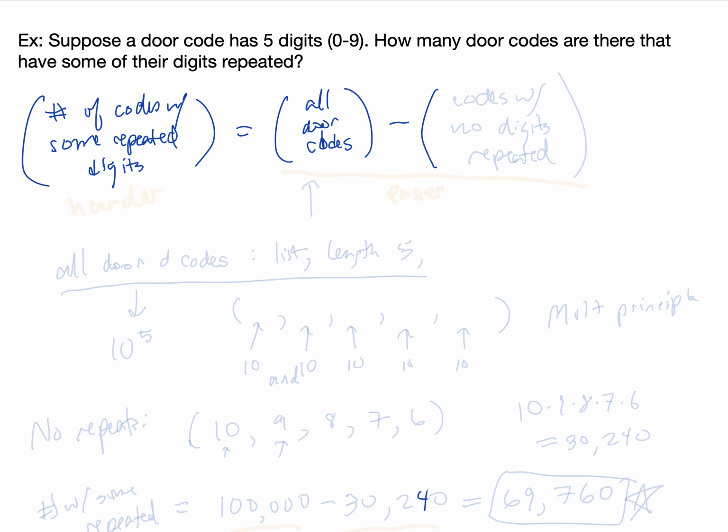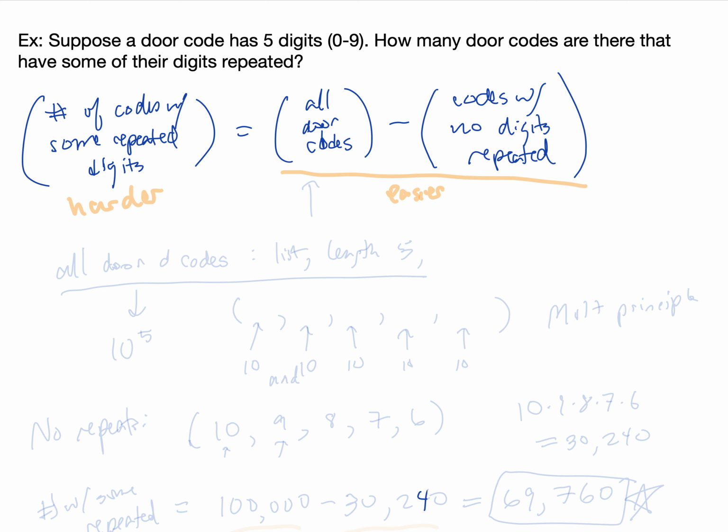If it's not the case that they have some of their digits repeated, then these would be codes with no digits repeated. We do know how to count each of these things, so each of these pieces is easier than calculating this directly. We could also do that, but it's more difficult.